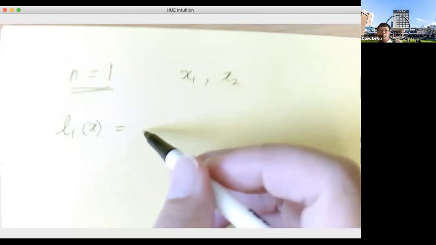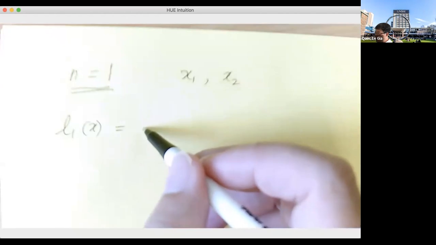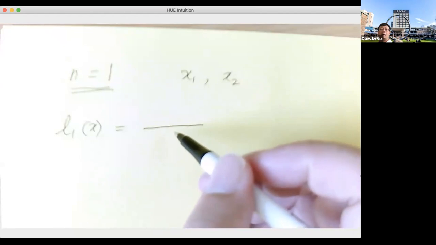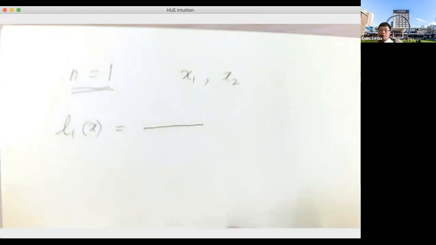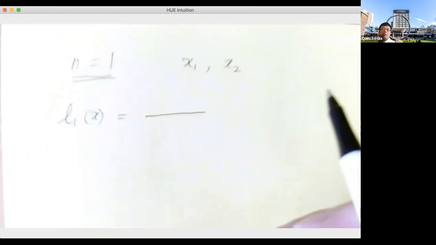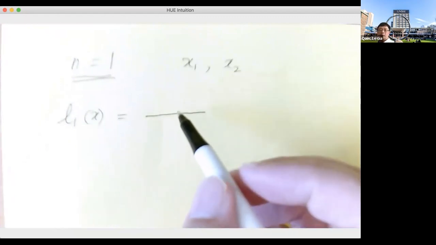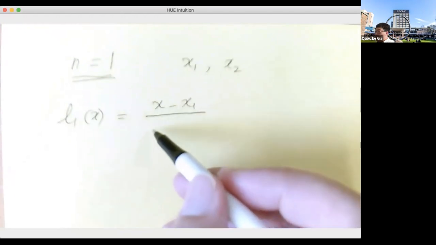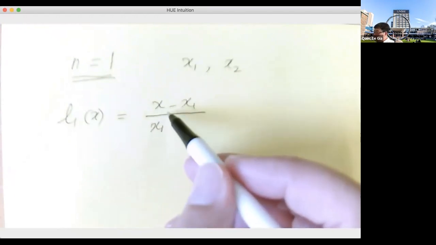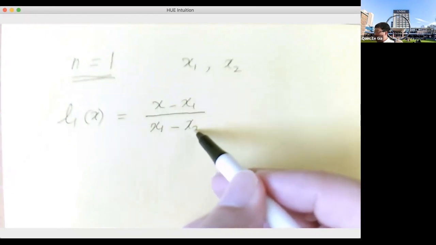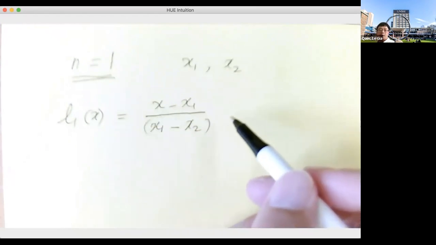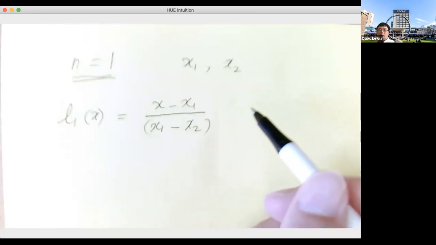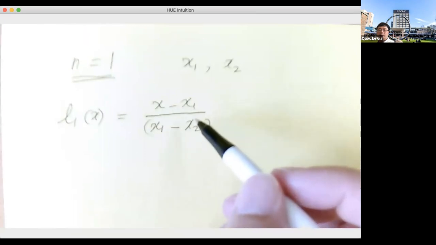Can anyone write down what is L1? So L1 is just x minus the first point, over x1 minus the second point. So this is my Lagrangian, the first one. Just a linear function.